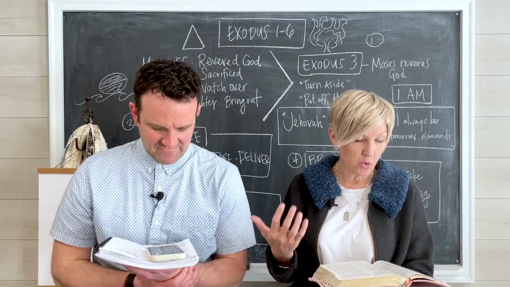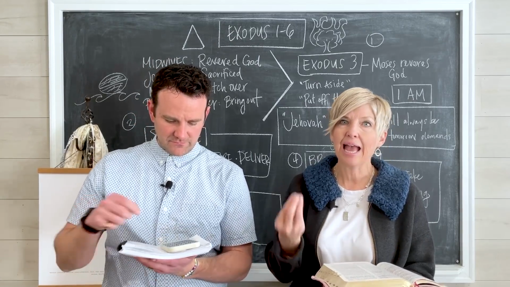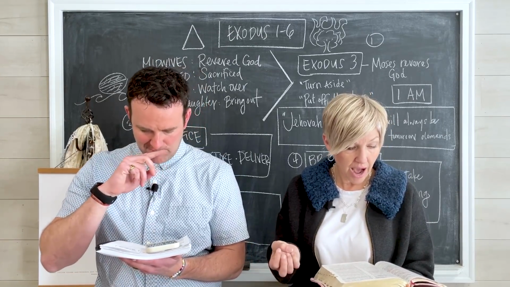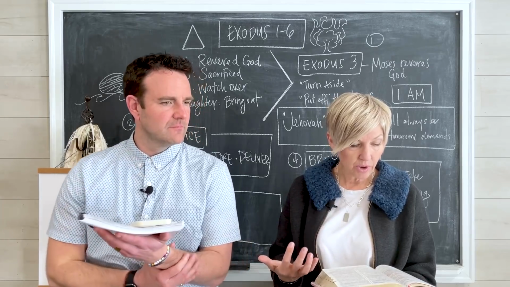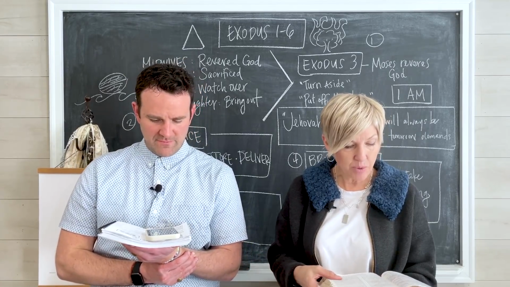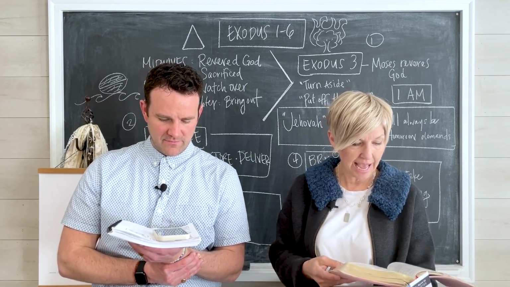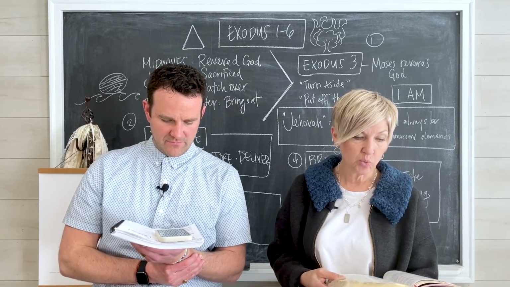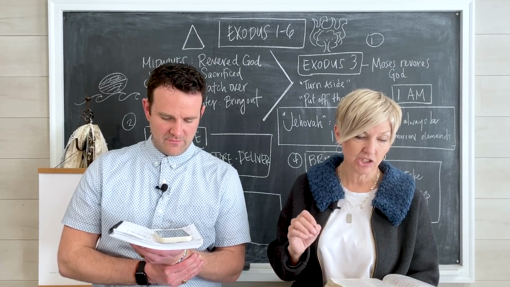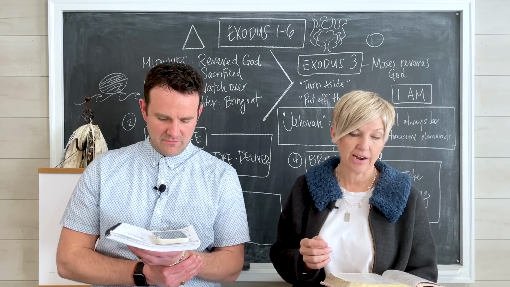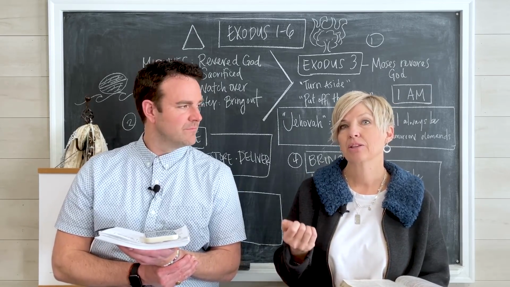I will be to you a God, and you will know that I am the Lord your God, which bringeth you out from under the burdens of the Egyptians, and I will bring you in unto the land concerning the which I did swear to give to Abraham, to Isaac, and to Jacob, and I will give it to you for a heritage. I am the Lord.